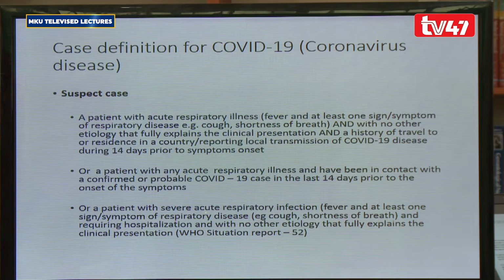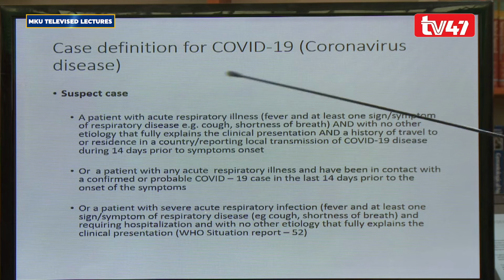For an example of COVID-19 disease case definition, as we mentioned earlier, the case definitions are divided into suspected, probable, and confirmed. According to WHO, a suspected case can be either of these. I will just pick one for purposes of time.